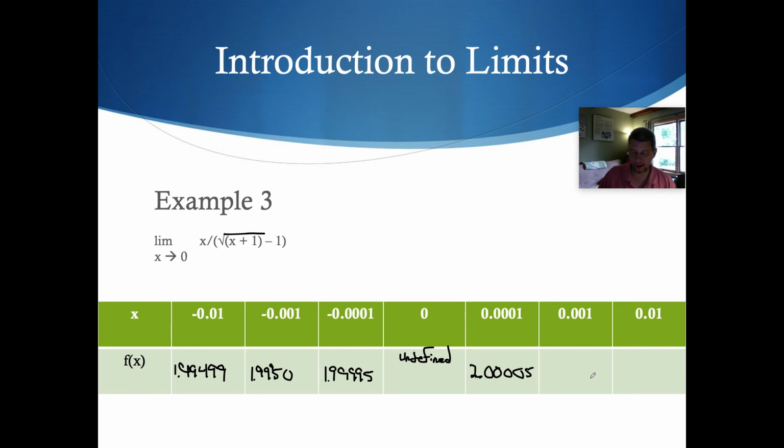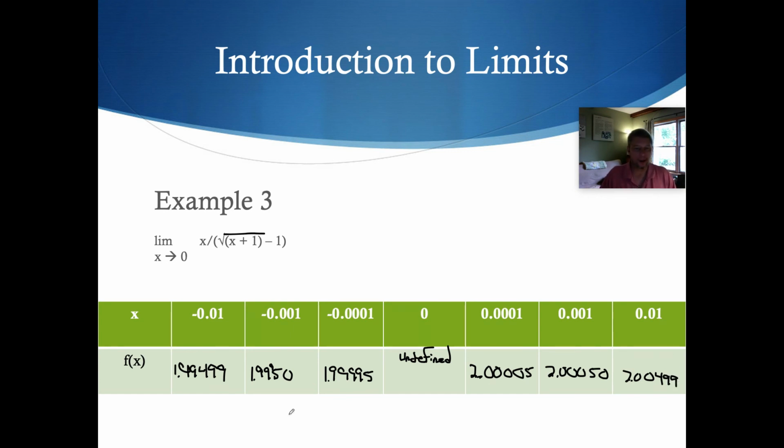Okay, and if I plug in 0.001, I should get 3 zeros, so 2.00050. And if I plug in 0.01, I get 2.00499.